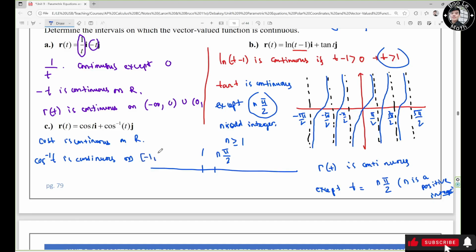So it could be negative 1 to 1. Now we're gonna combine this guy and this guy, which means we're gonna take the intersection, right? So r of t is continuous on -1 to 1, right?